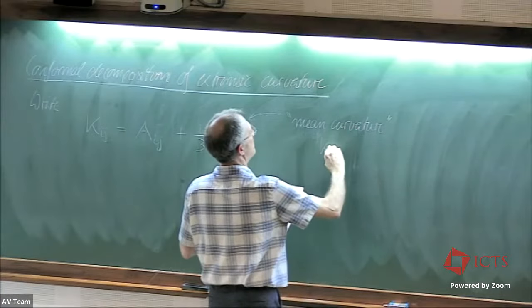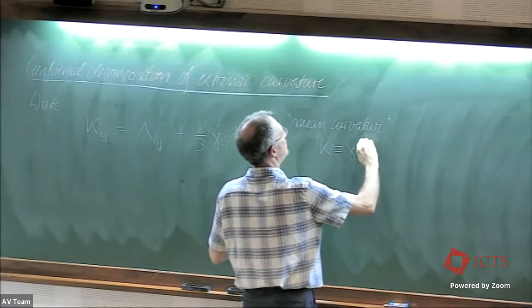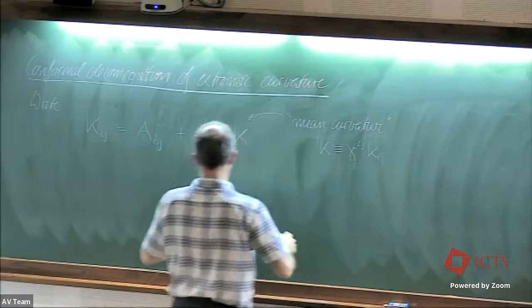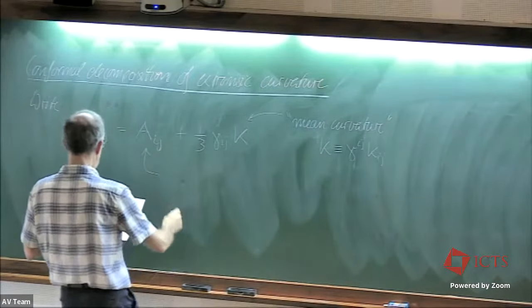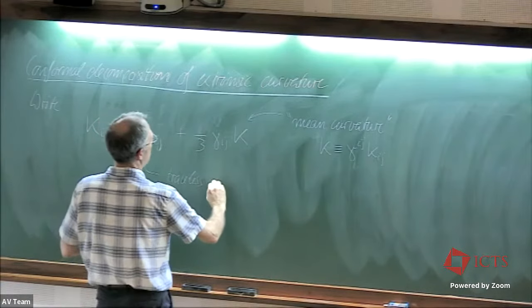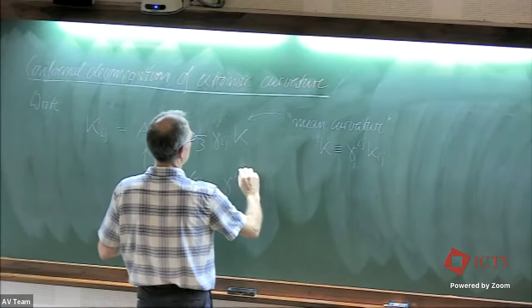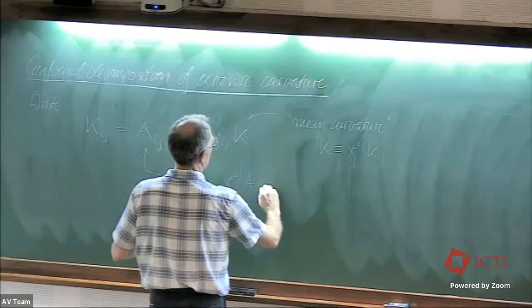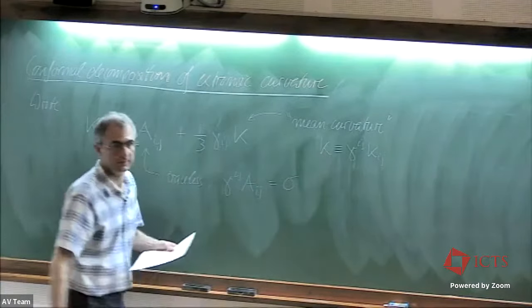Okay, so this is gamma^ij K_ij, and this A_ij is traceless, meaning that gamma^ij A_ij equals 0, okay?